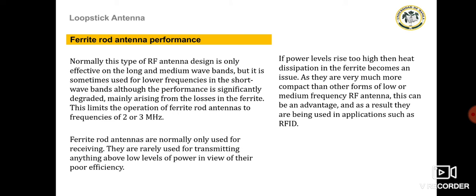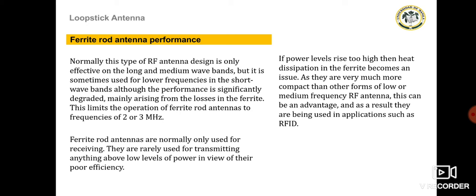Ferrite rod antenna performance. This form of RF antenna design is very convenient for portable applications, and this is its great benefit. However, convenience is traded for efficiency. The efficiency of the ferrite rod antenna is much less than that of a larger RF antenna. The performance of the ferrite also limits the frequency response.